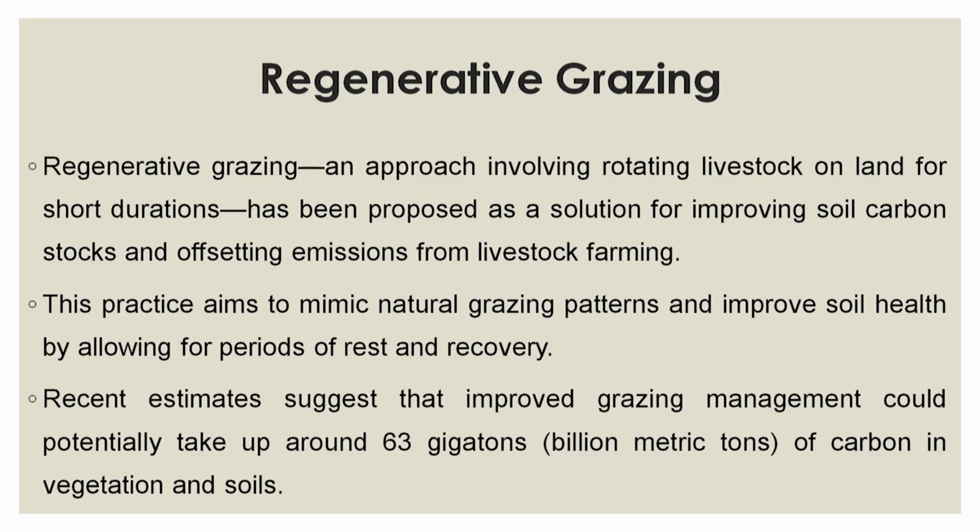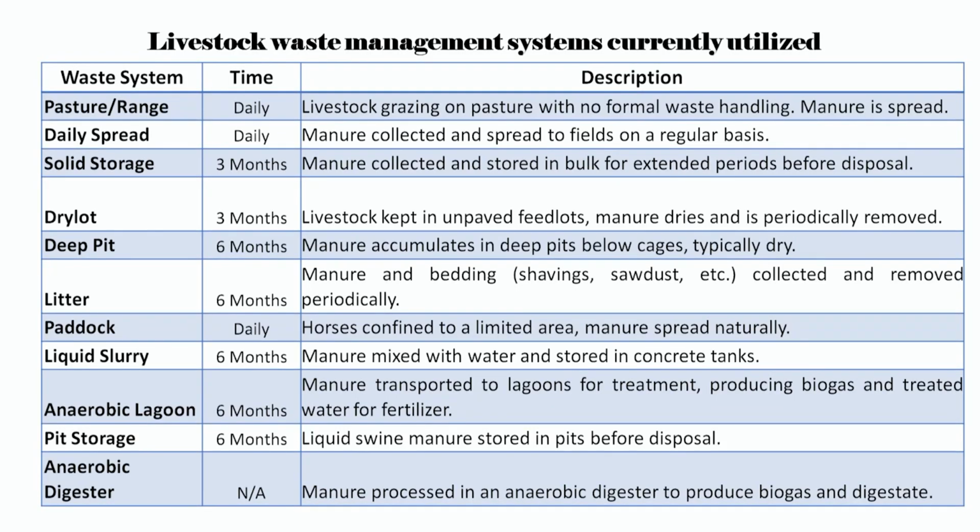This practice aims to mimic the natural grazing patterns and improve the soil health by allowing for periods of rest and recovery. So, improved grazing management can potentially take up to 63 billion metric tons of carbon in the vegetation.